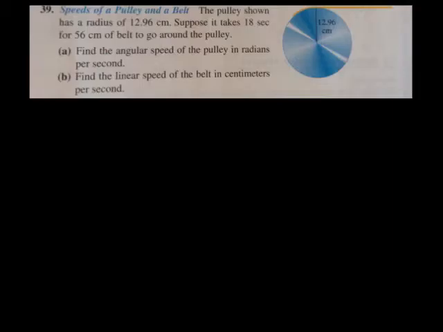Okay, so what does the B portion of this ask for? We're looking for linear speed here. All right, so if you remember, we've got 3 different options there for linear speed. And I am going to use v equals s over t.